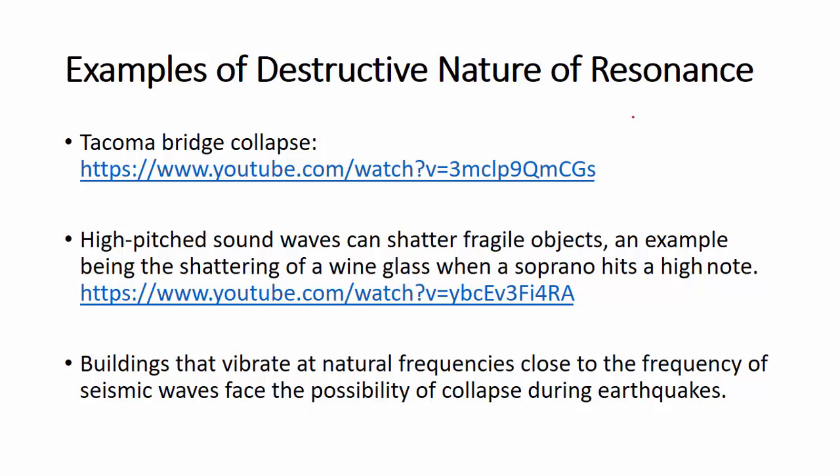In other situations, for example earthquakes, they generate a lot of ground vibrations, and if those vibrations happen to match the natural frequency of a building, they can cause greater destruction.